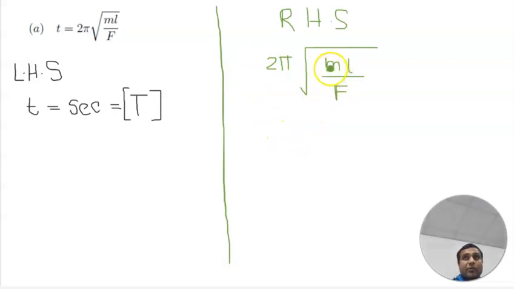What is the unit for m? It is mass. I can write the unit now or later, but before I do that, there's an easy way that will help me a lot.